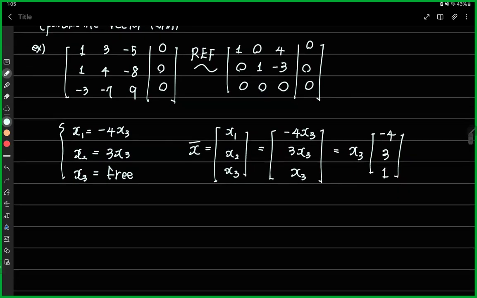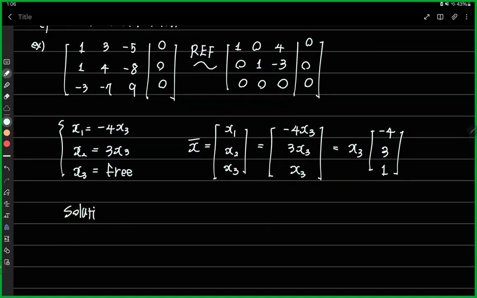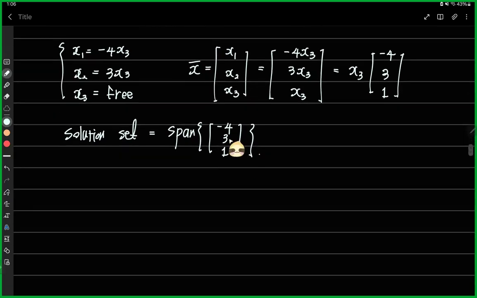Okay, so you can see what the solution set is going to be. It's actually not a plane, but just a line spanned by (-4, 3, 1), right? But this vector is in three-dimensional space. So the solution set is a line, but in three-dimensional space. So here's x1, x2, and x3, and then maybe like this, (-4, 3, 1).